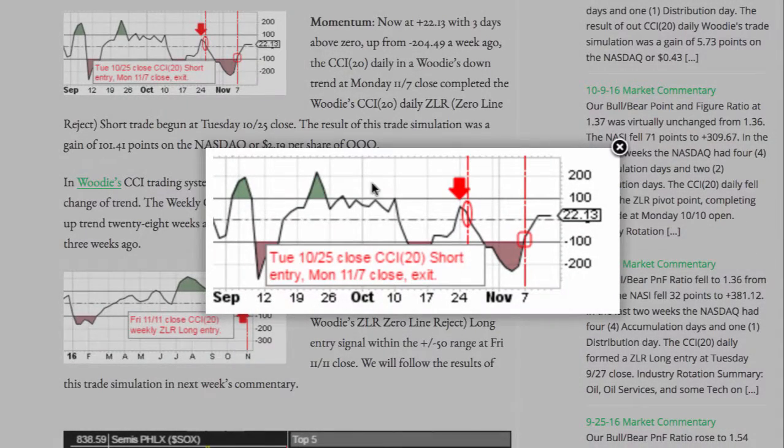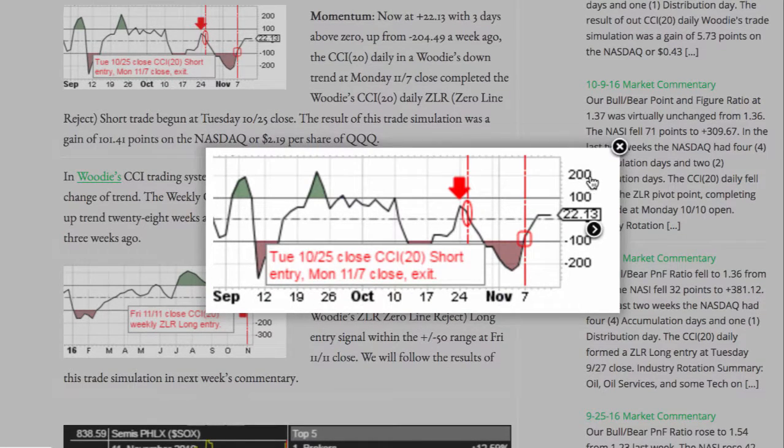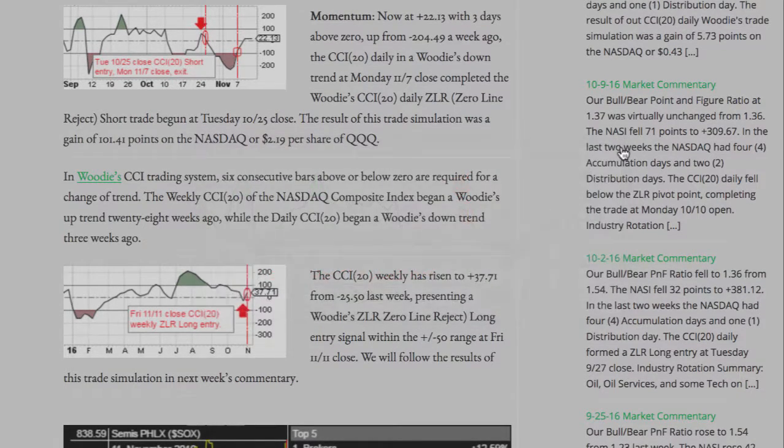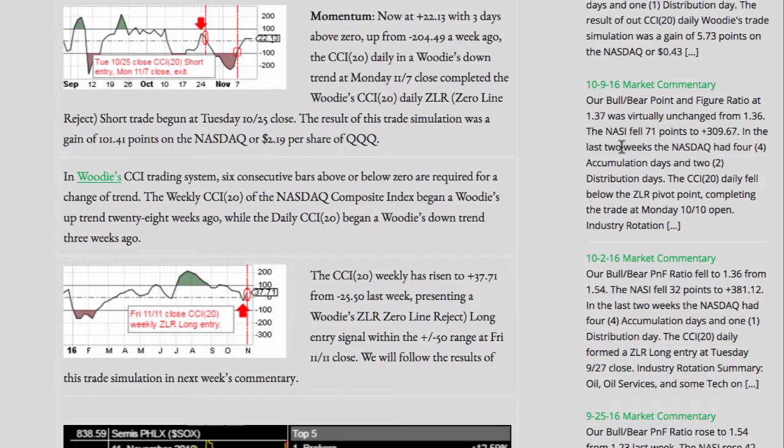Momentum, now at a positive 22.13, with 3 days above zero, up from a negative 204.49 a week ago. The daily CCI20 in a Woody's downtrend at Monday 11/7 close completed the Woody's CCI20 daily zero line reject short trade begun at Tuesday 10/25 close.